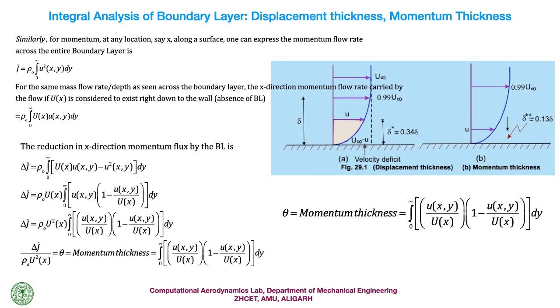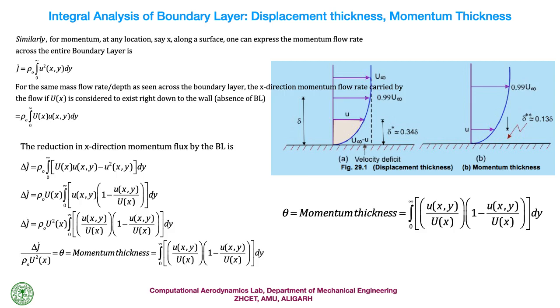So if I use similar logic, I can get to this derivation of the mass momentum flow rate, and it is basically the reduction in the momentum that is there.